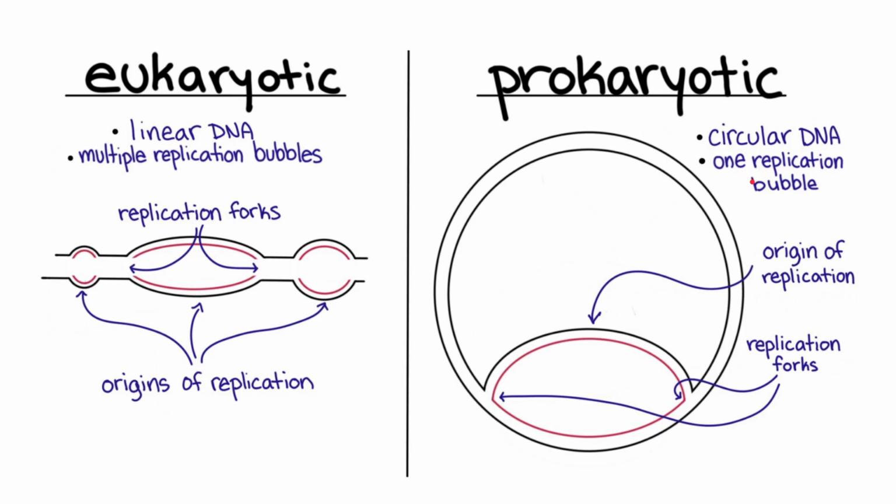What was one of the biggest differences, other than the shape, between the eukaryote and the prokaryotic DNA? Hopefully, in our minds, we're thinking about the size. Because the prokaryotic DNA is typically significantly smaller, we should expect that this replication time can be a lot quicker.